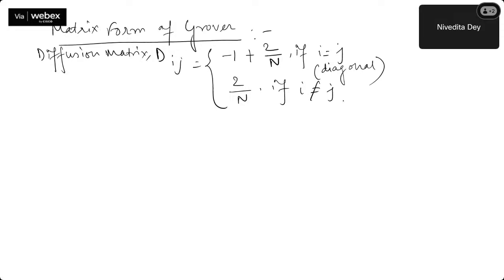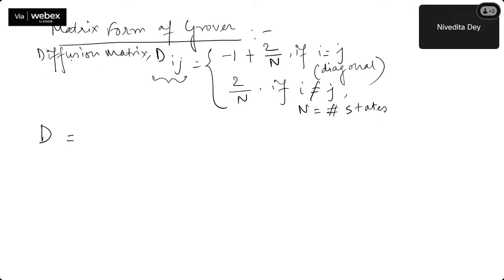N is the number of states. Let me write, n is the number of states. i and j correspond to the respective positions in the matrix, and 1 and 2 are nothing but numeric values. Okay. And then from this, you can also write it down in this way, that capital D is equal to, this is how the entries will be mapped.